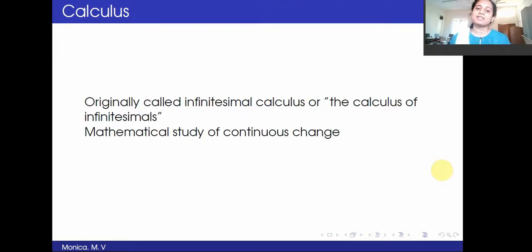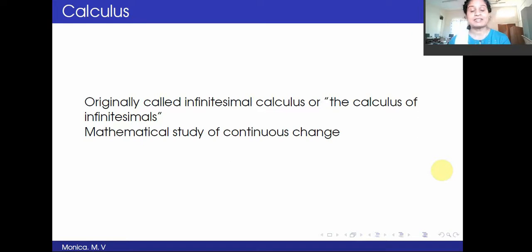Before we start with the limit of a real valued function, we will briefly go into the history of calculus. Differential calculus is a subtopic or a branch of calculus. So what is calculus? Calculus, originally called the infinitesimal calculus or the calculus of infinitesimals, means a very small quantity.